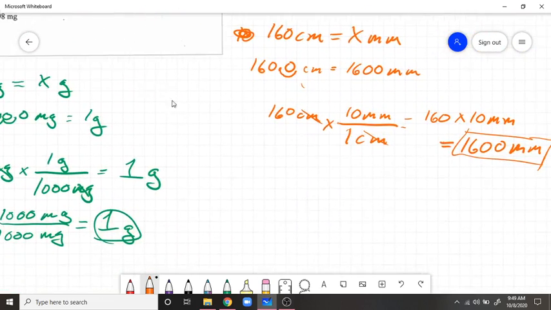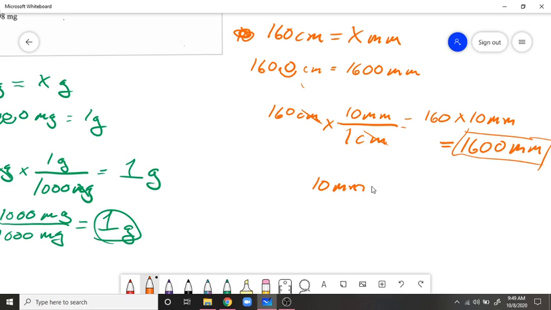My conversion is different. I know that 10 millimeters is equal to 1 centimeter. Or I know that 10 milli, whatever the base unit is, is equal to 1 centi, whatever the base unit is. So it doesn't matter if I'm talking about millimeters or milligrams.